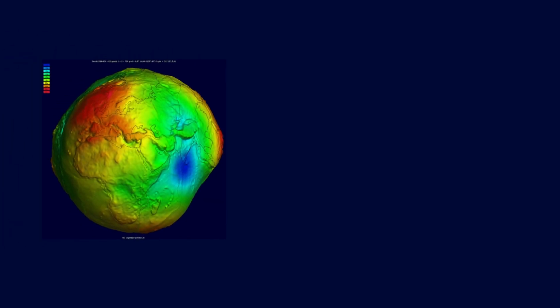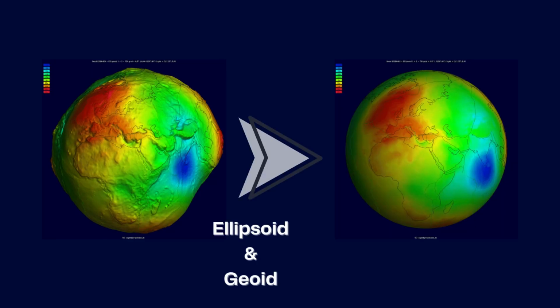To perform this calculation, we need to consider that the Earth model is also simpler. We'll leave aside the geoid model and use the spherical Earth model on the right.